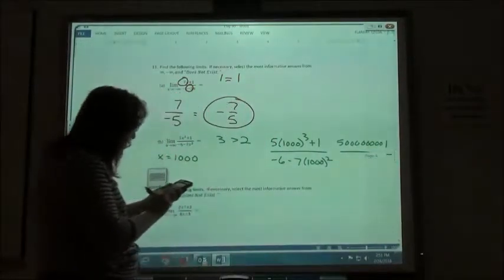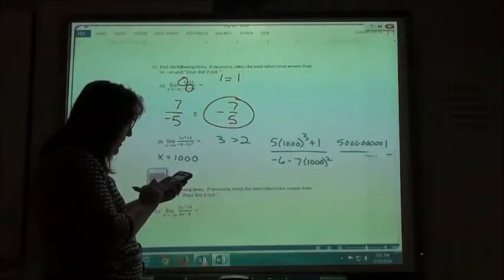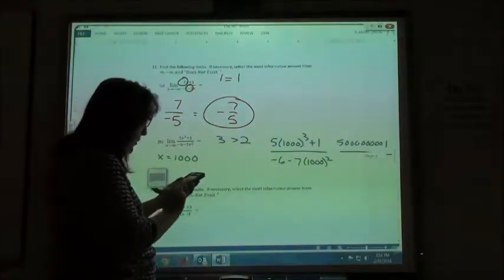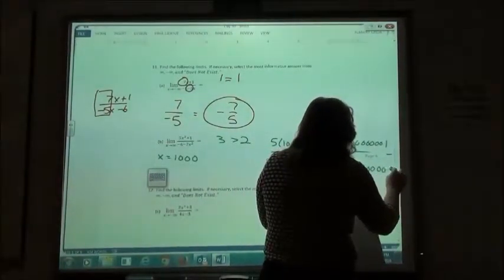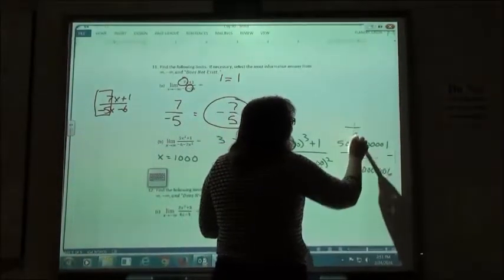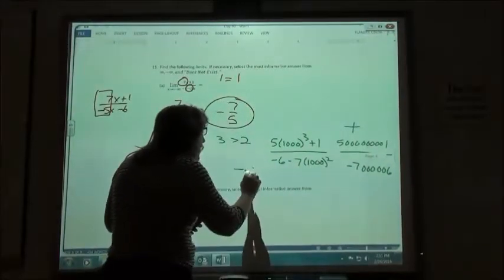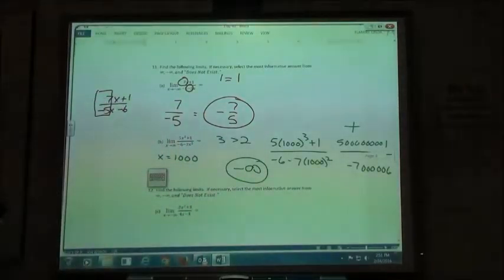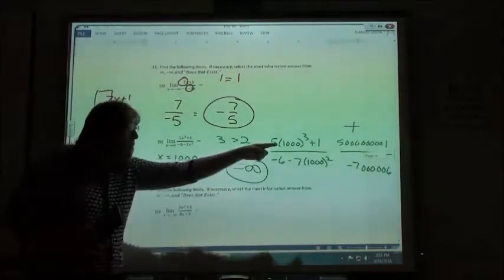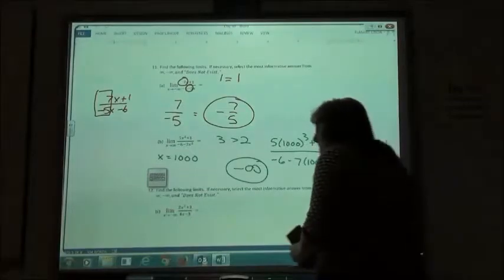On the bottom, negative 6 minus 7 times 1,000 squared gives me negative 7,000,006. So again, I have a positive over a negative. A positive over a negative is a negative, and so it's going to approach negative infinity. My number is just going to get smaller and smaller. The bigger the number I use, the smaller my answer would get, the more negative it would be.